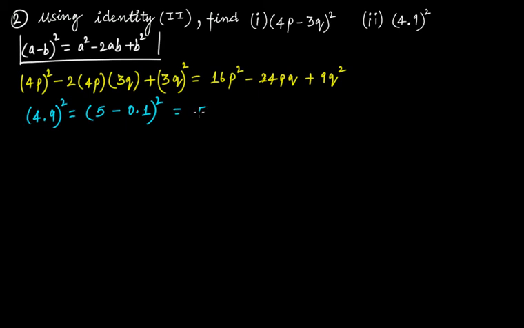So if you solve this, this becomes 5 squared minus 2 times 5 times 0.1, plus 0.1 squared. So here this becomes 25 minus 2 times 5 is 10, and 10 multiplied by 0.1 is 1. Then plus 0.1 whole squared means 0.01.